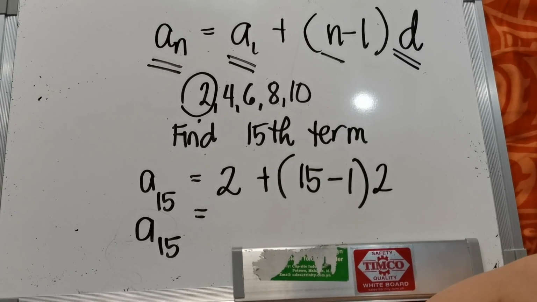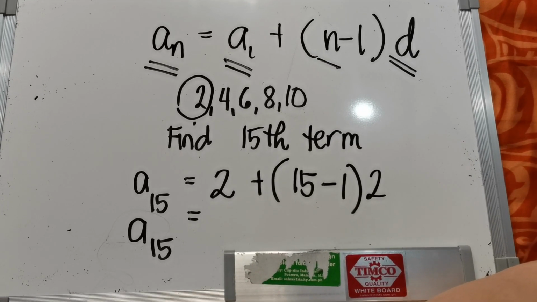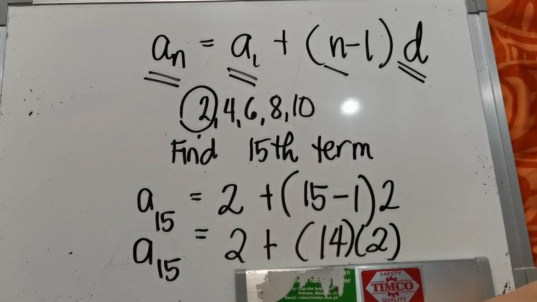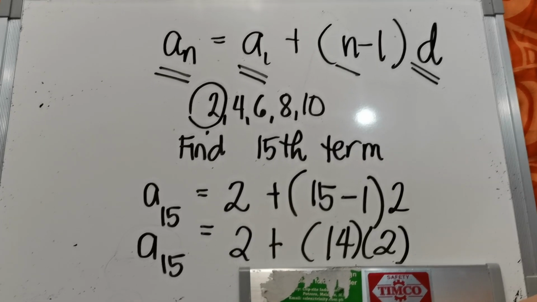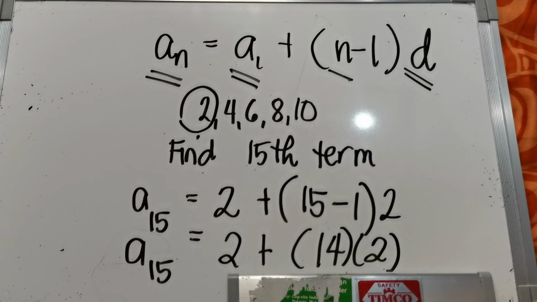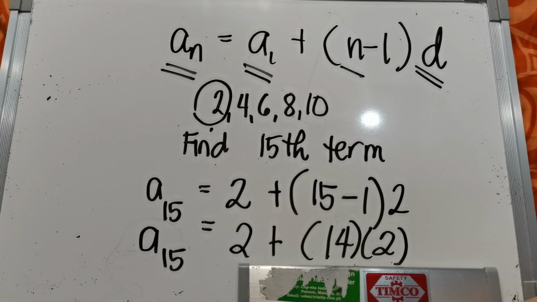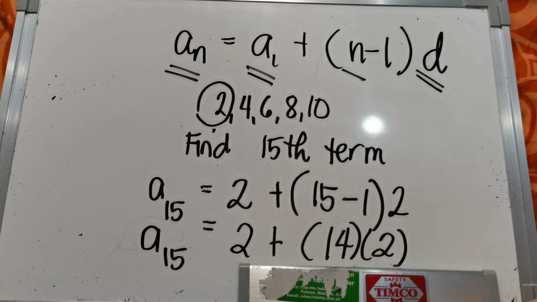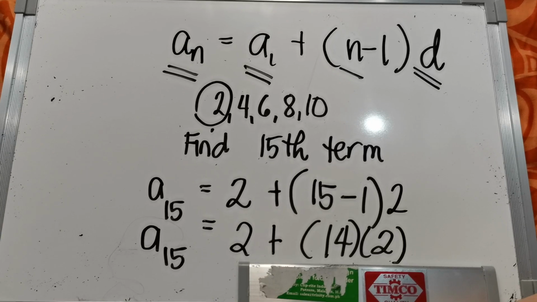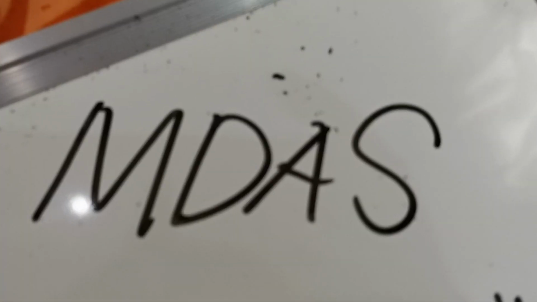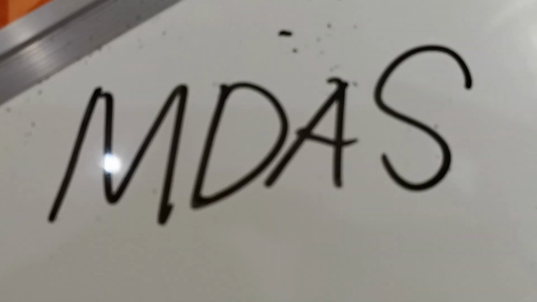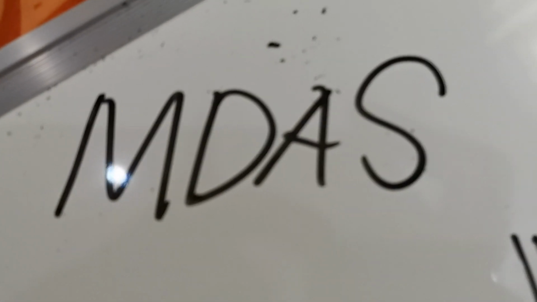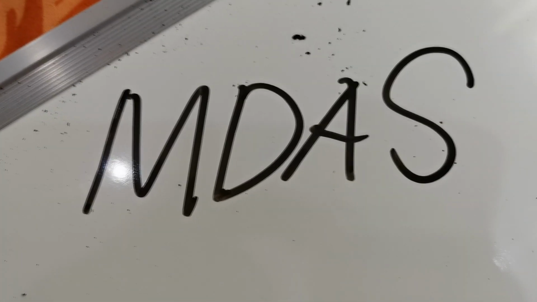So, unahin muna natin, recall lang natin ha, ang nasa loob ng parentheses. So, 15 minus 1 is 14. And then, baka malito kayo class, hindi yan 2 plus 14 times 2. Ang gagawin muna natin, according sa rule ng MDAS, magmumultiply muna tayo bago tayo mag-add or subtract.